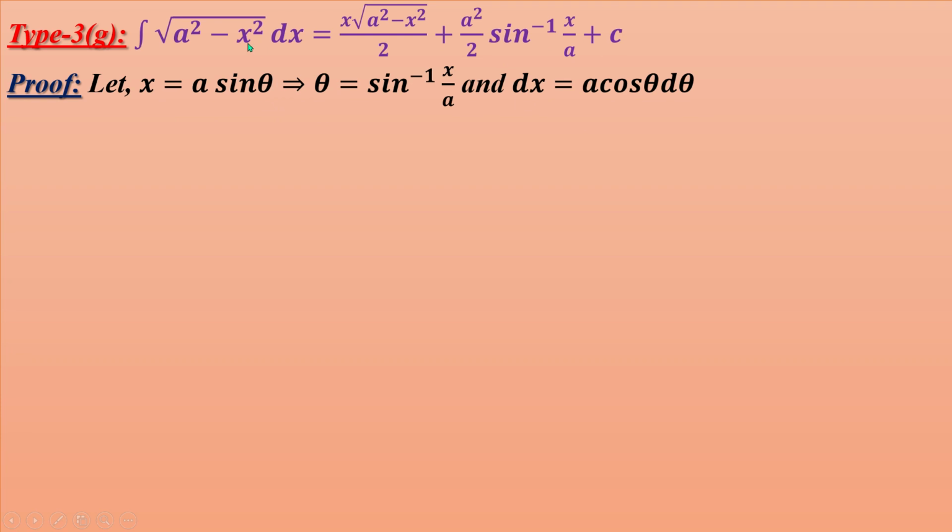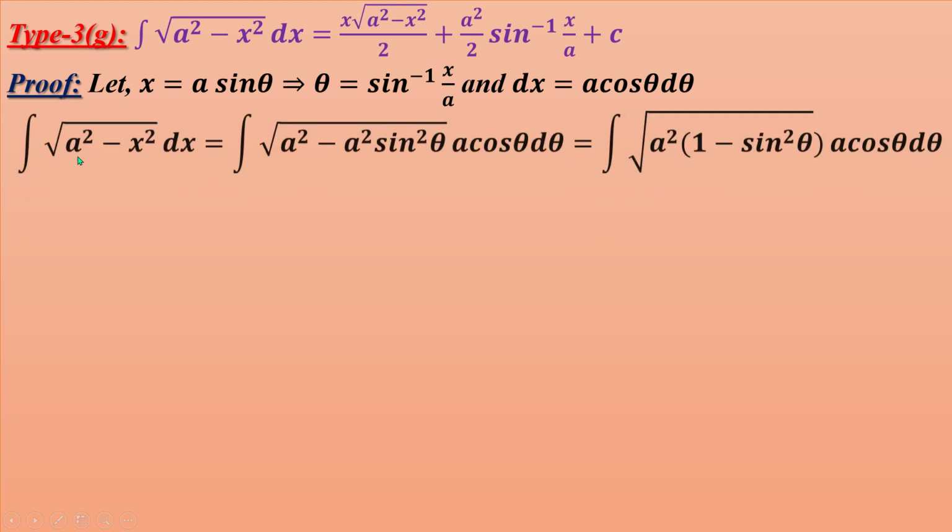If the given math is in this form, we have to let x equal a into sin theta. Then theta is equal to x by a, with sin inverse, so theta is equal to sin inverse x by a, and dx is equal to a cos theta d theta. That means differentiating this with respect to theta, we get this part.